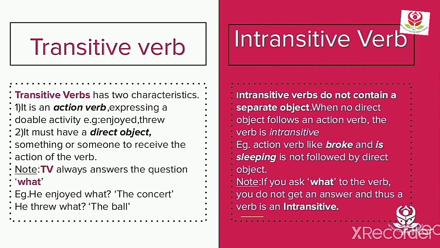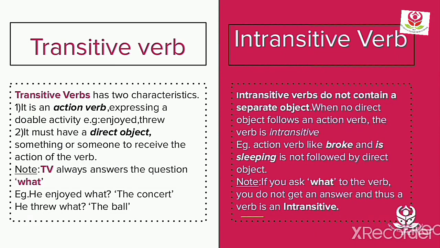And it must have a direct object, something or someone to receive the action of the verb. These are the two characteristics of a transitive verb. An important point to note: a transitive verb will always answer the question what.